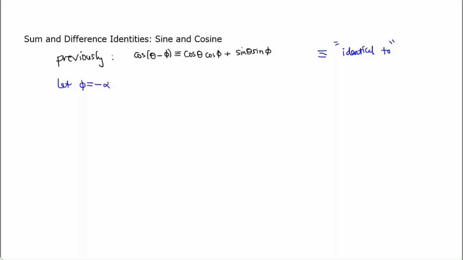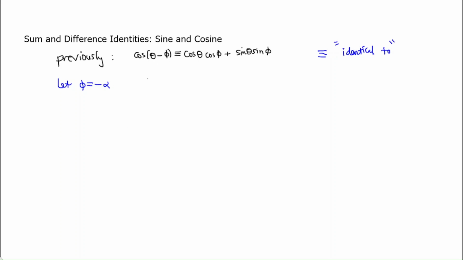All right, so what we're going to do is generate a cosine sum identity by taking angle phi in this formula and setting it equal to negative something. I'll just choose a Greek letter, so negative alpha.